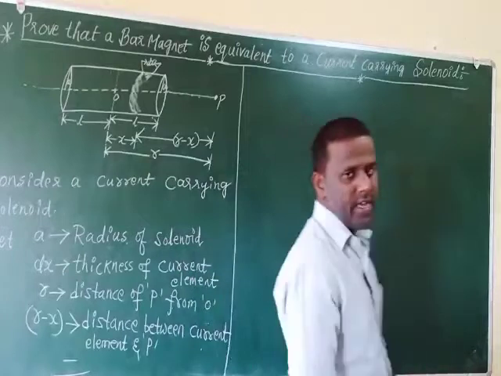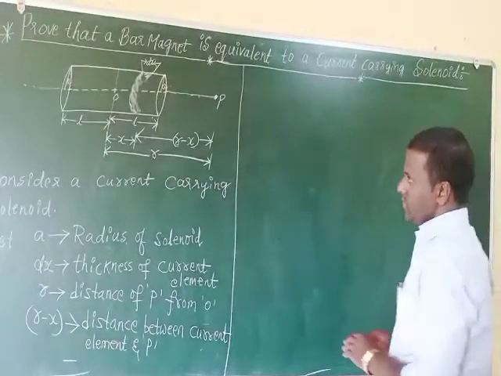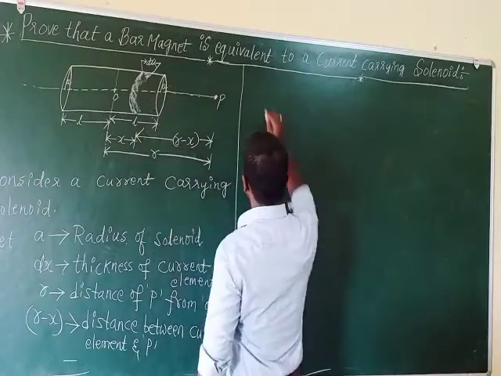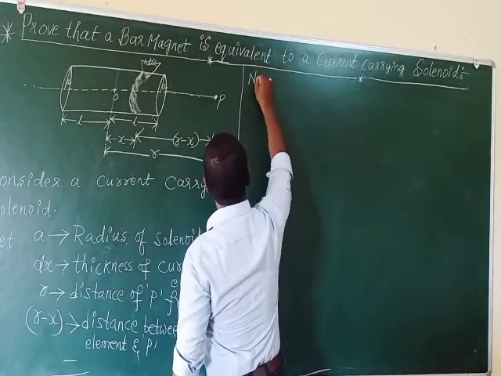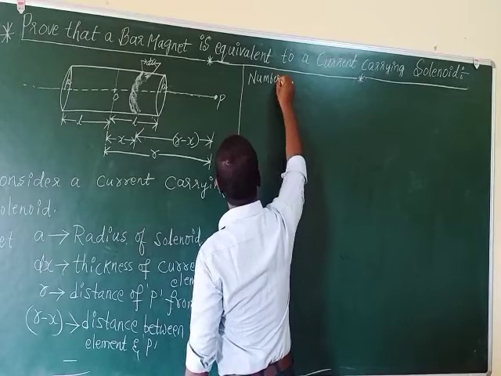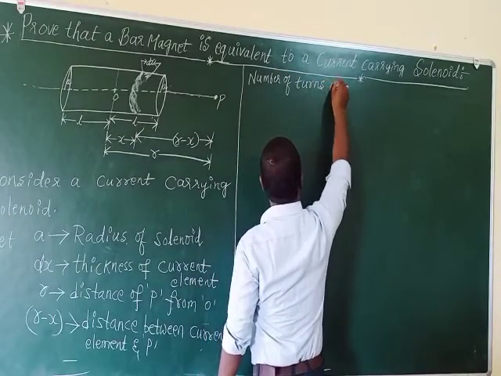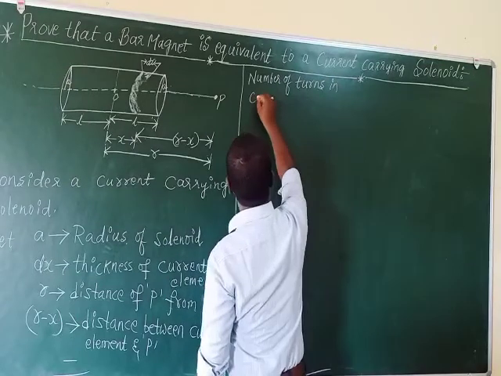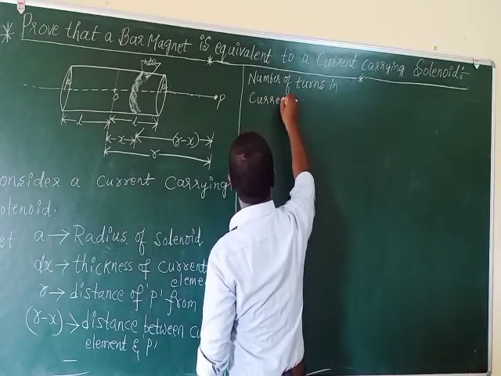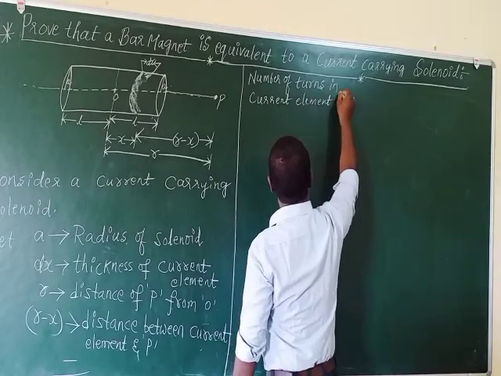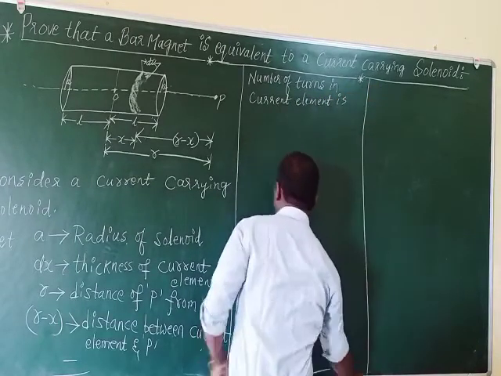So next, just think about this current element. So the total number of turns in the current element. How many turns are present in the current element?